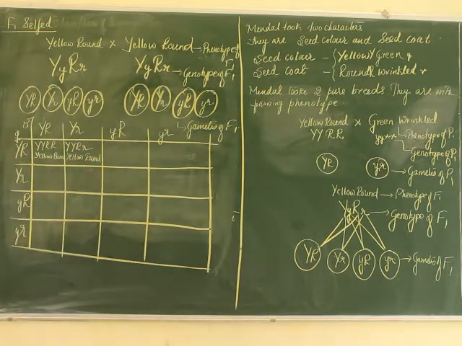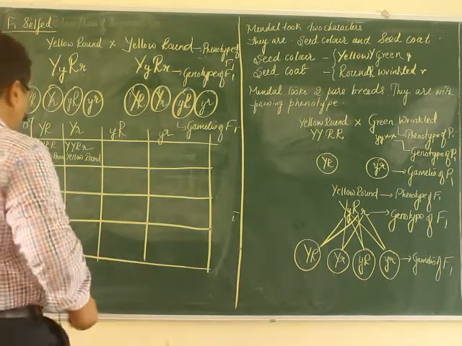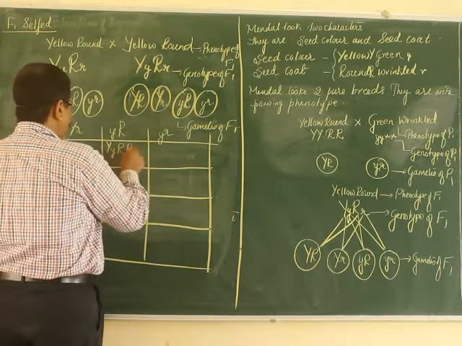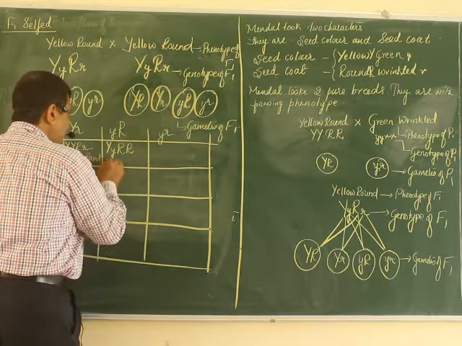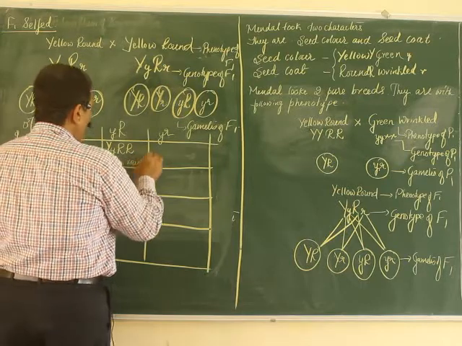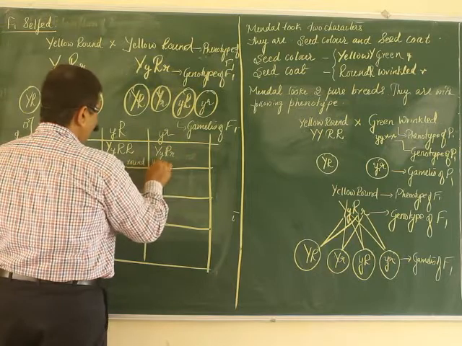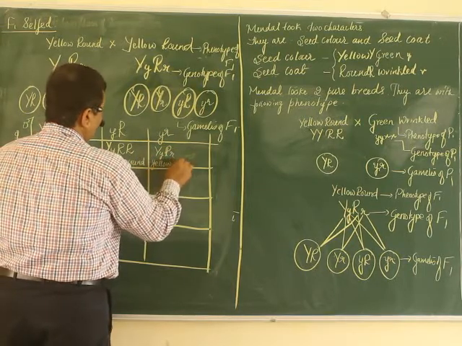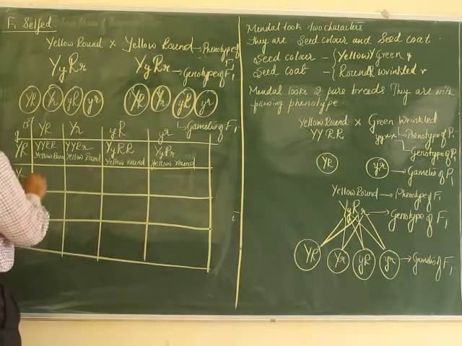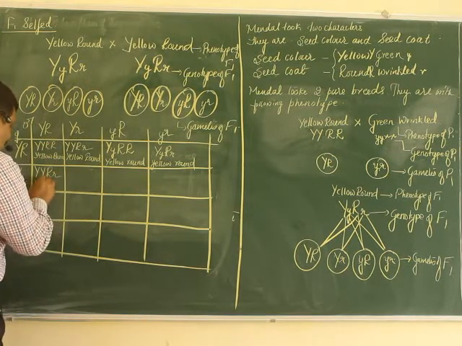Then capital Y, small y, capital R, capital R: yellow round. Capital Y, small y, capital R, small r: yellow round. At the end, how many yellow round? 4. Here, capital Y, capital Y, capital R, small r: this is also yellow round.